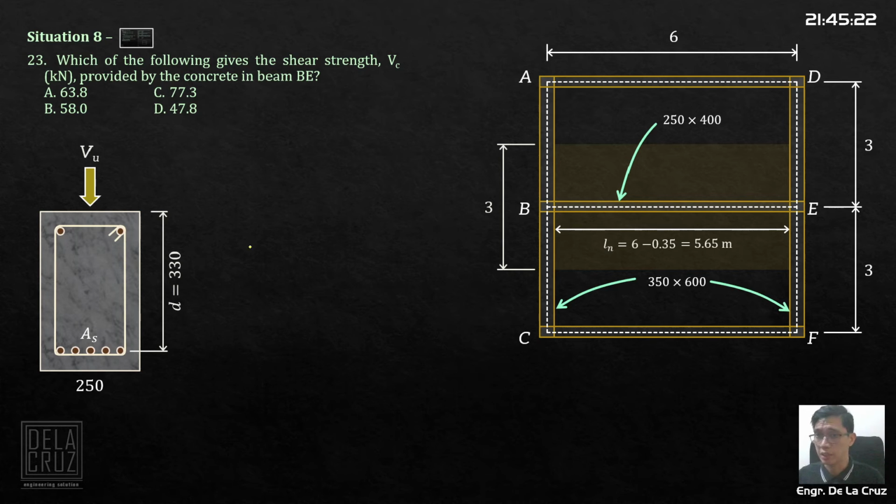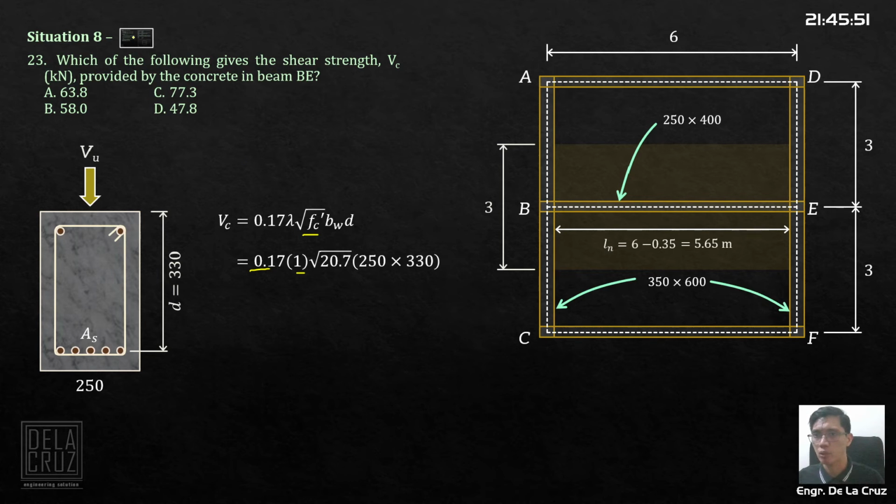Nilagyan natin ng rebars. So, sa code, again, binigay yung code dito, but you need to familiarize this one kasi sometimes hindi siya binibigay. Familiarize natin. This is for NSCP 2015. So, assuming normal weight of concrete, so lambda is equal to 1 kasi wala namang binanggit. Palaging 1 yan, basta hindi babanggitin, no? 0.17 times 1 lambda.